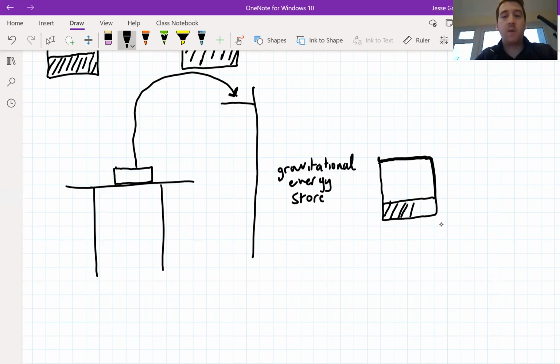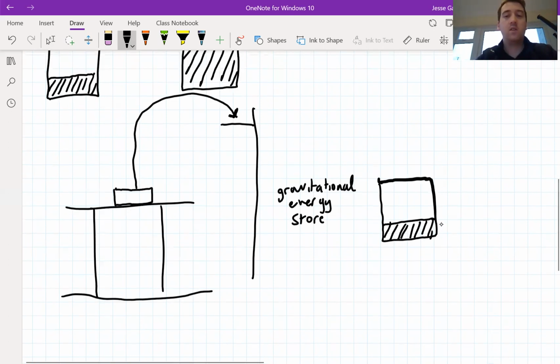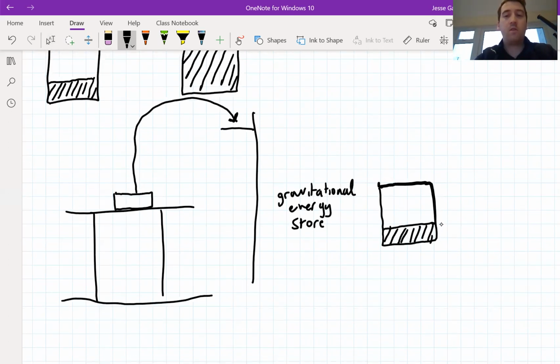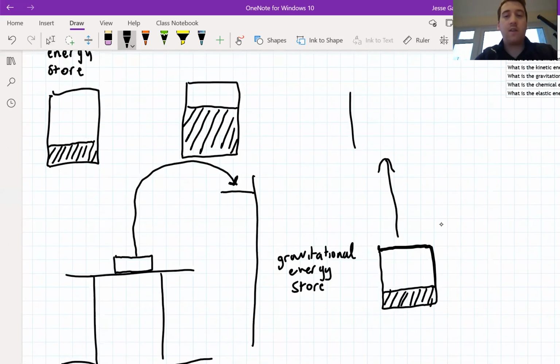Like, it's not empty because it's already lifted off the floor. It's not on the floor, which is down here. So if it was on the floor, it would have a lower amount of energy because it's not up as high. So it's still got some energy. But when we lift it up, by lifting it up, we add energy to the gravitational energy store. So it now has more energy because we have added energy to it.